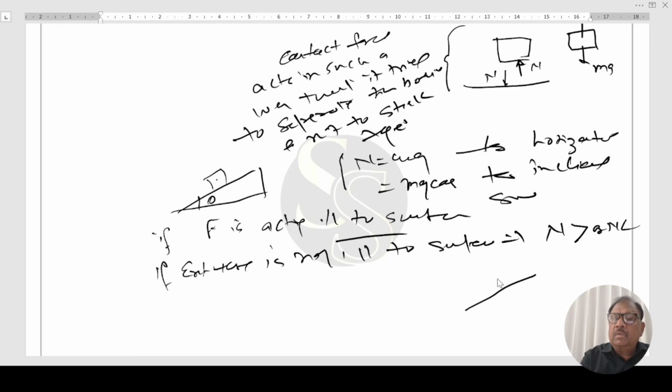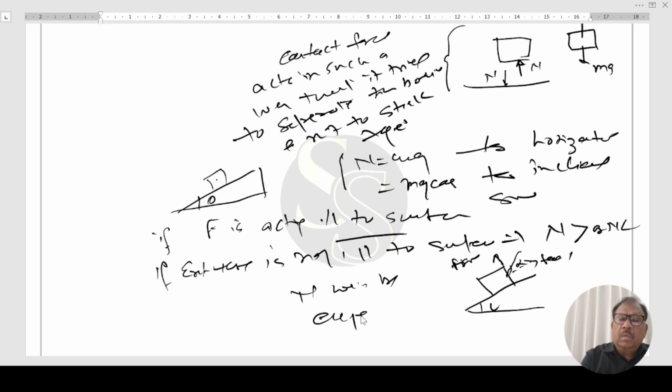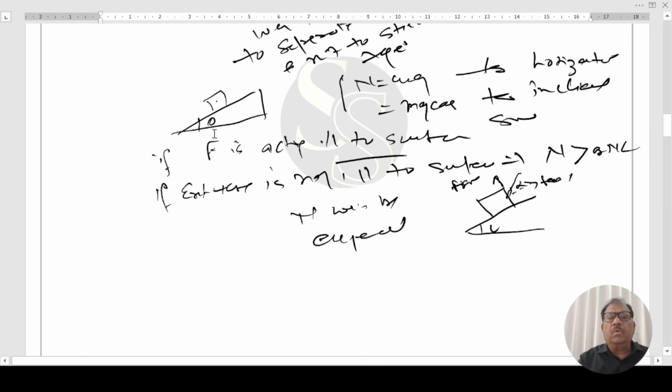If this is the inclined surface at angle theta, and one force is acting at angle alpha, with components F cos alpha and F sin alpha, in this case N will be changed. It depends on the nature of the force, whether it increases or decreases. That we have to work out.